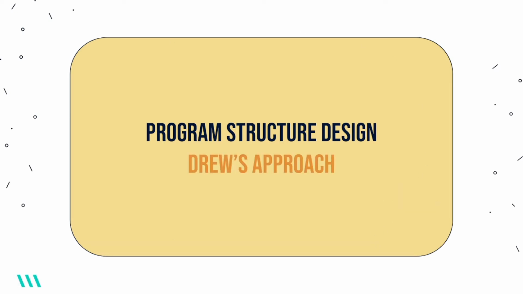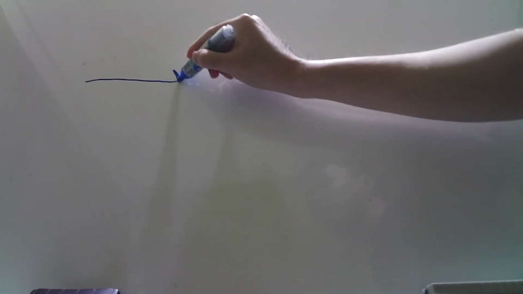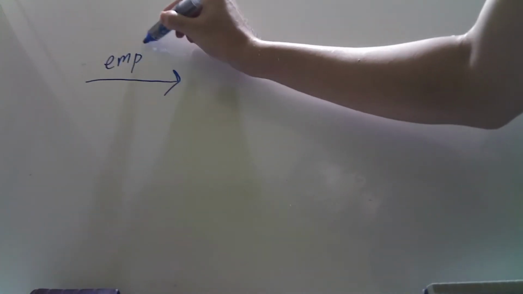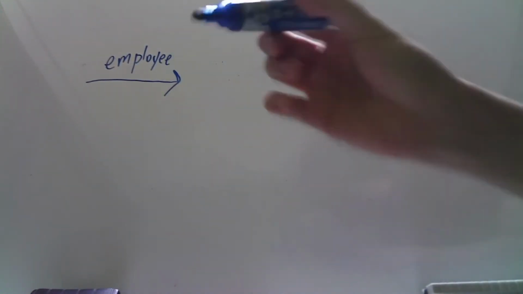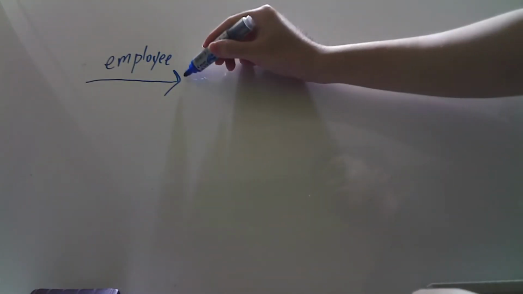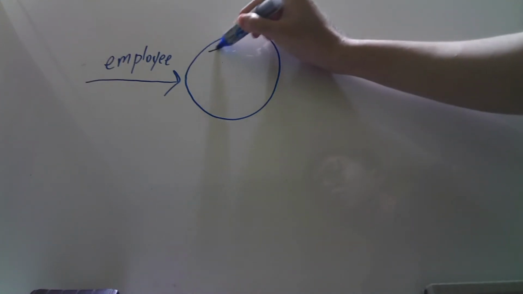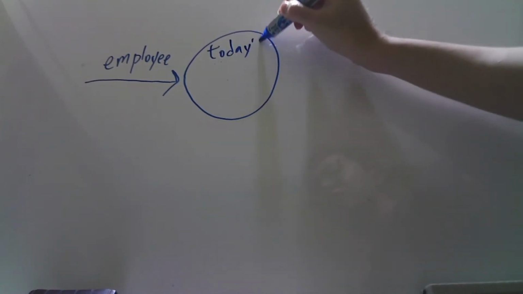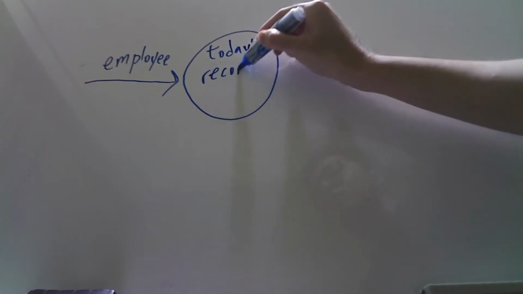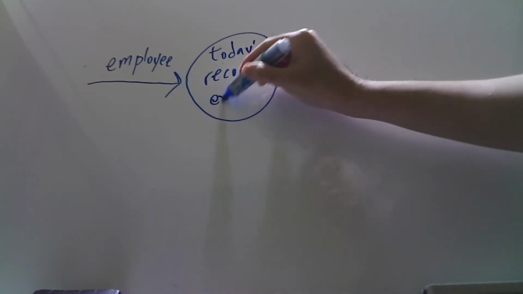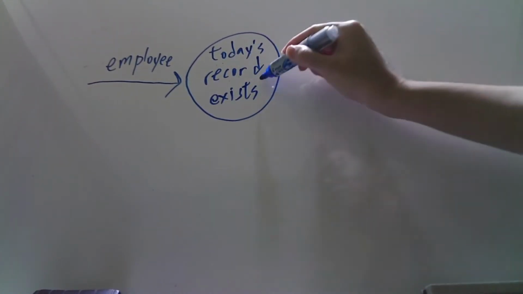Now here is my approach. Let's take a look at the whiteboard. Now let's assume we have an employee making a record now. My logic will simply be checking if today's record exists or not.